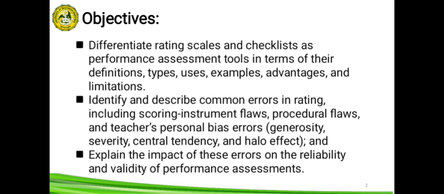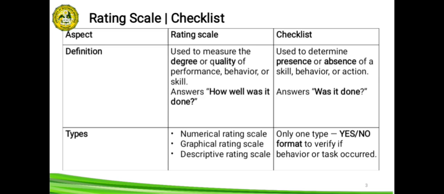Identify and describe common errors in rating, including scoring instrument flaws, procedural flaws, and teachers' personal bias errors like generosity, severity, central tendency, and halo effect, and explain the impact of these errors on the reliability and validity of performance assessments. Now let's dig deeper into the differences between rating scale and checklist.